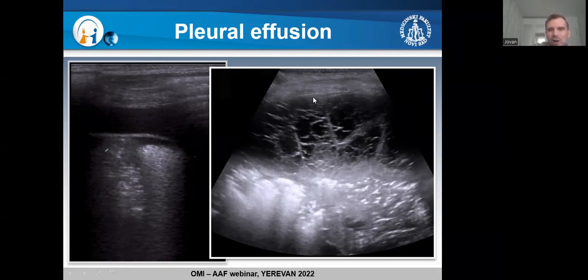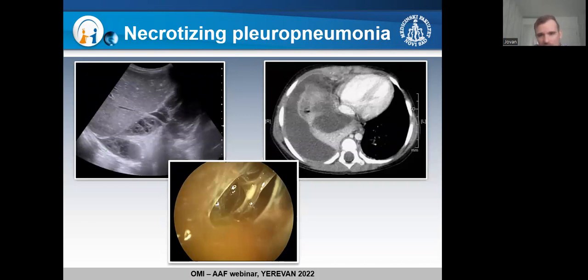Is it roughly multiseptated as this one? Are there some fibrin layers on visceral or parietal pleura, et cetera? So it is a very good imaging tool, and I would say currently the best imaging tool to assess the character of pleural effusion.